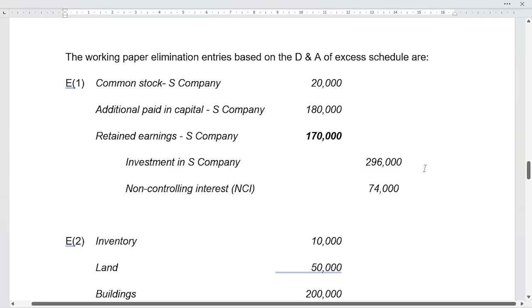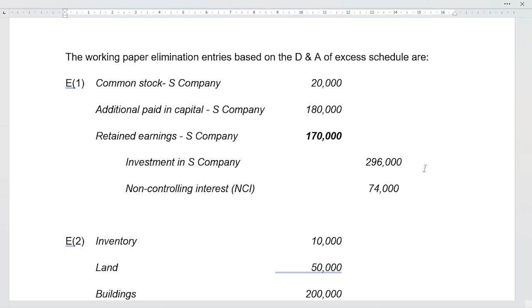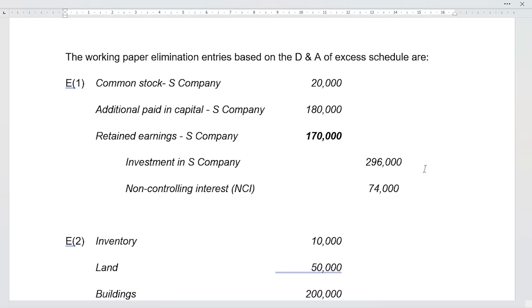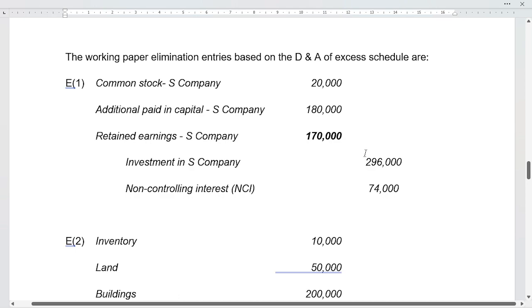Next, the working paper elimination entries based on the D&A of excess schedule are: debit common stock of S Company 20,000 pesos, debit additional paid-in capital of S Company 180,000 pesos, and retained earnings of S Company 170,000 pesos; a credit of investment in S Company 296,000 pesos, and a credit to non-controlling interest of 74,000 pesos.